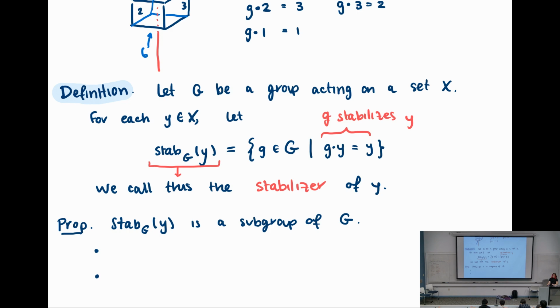We have a couple of things that we have to check. So we need to show that the identity is in the stabilizer. We need to show that if two elements are in the stabilizer, then their product is in it.